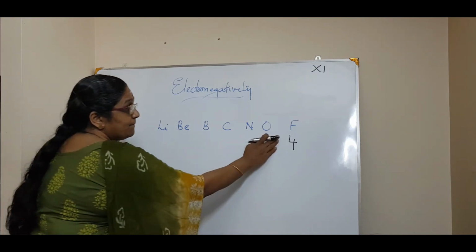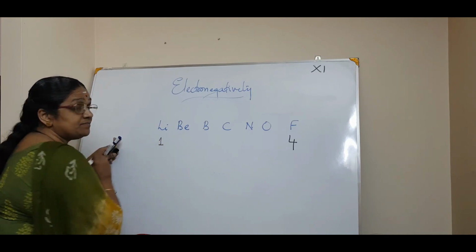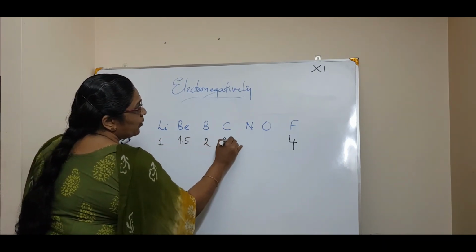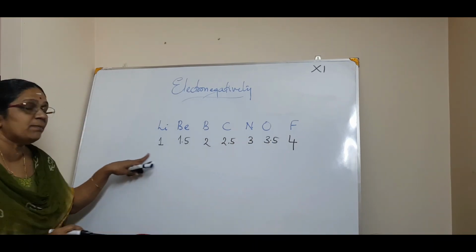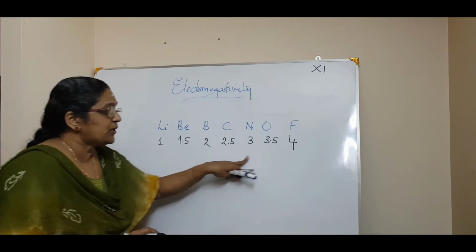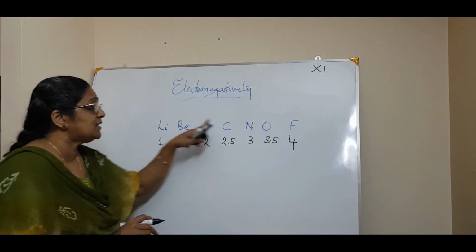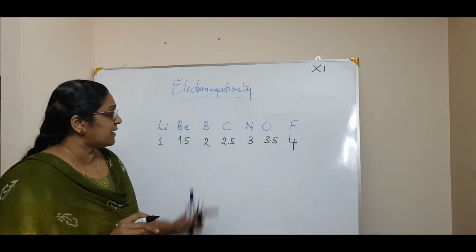Subtract 0.5 each time, and lithium is 1. So 1, 1.5, 2, 2.5, 3, 3.5 and 4. These are the electronegativity values for the second period, lithium to fluorine. It's very easy to remember.